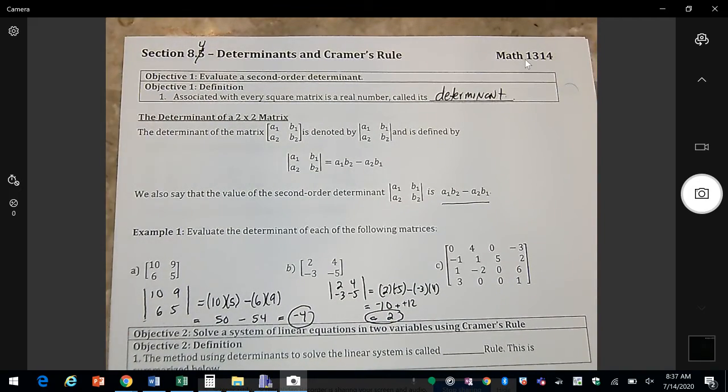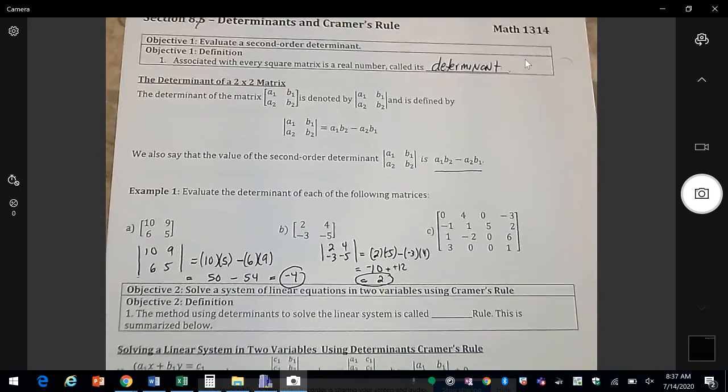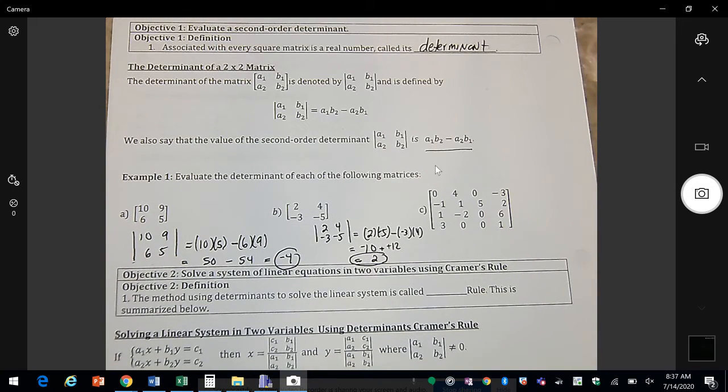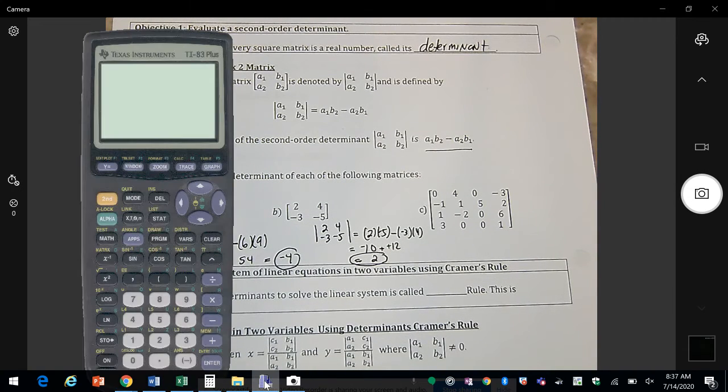However, to save time, we can use a calculator. In your calculator, you would go to matrices, second matrix, and edit a matrix. I'll enter it as letter D. It has 4 rows and 4 columns.